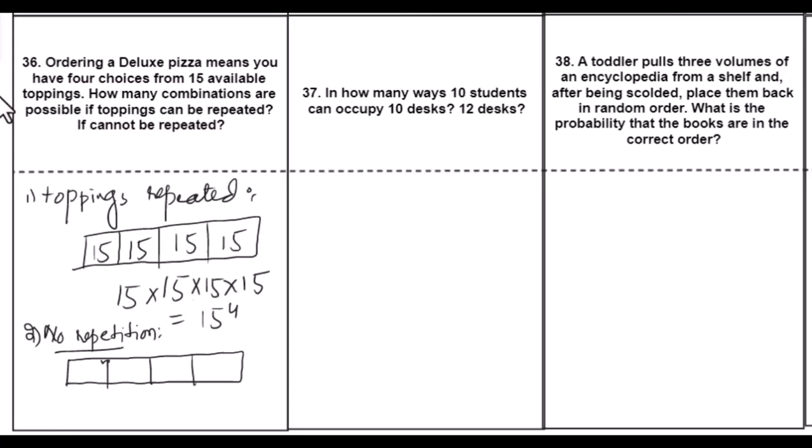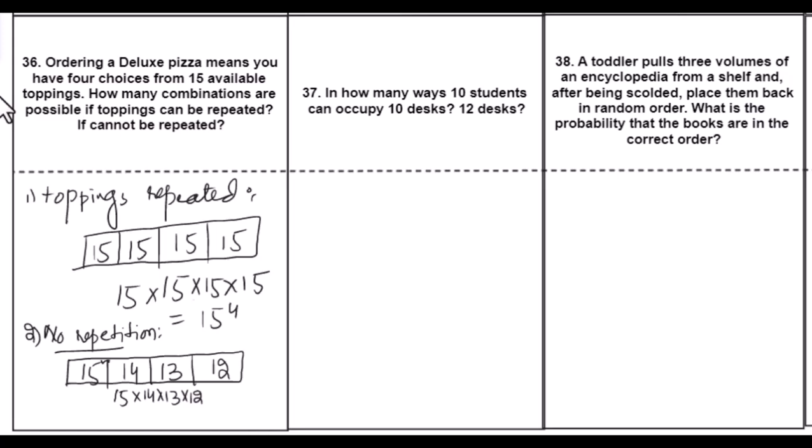Initially in the first place, how many choices would I have? I will have 15 choices, then 14 choices, then 13, and at the end I will have 12 choices. So I will have 15 multiplied by 14 multiplied by 13 multiplied by 12.